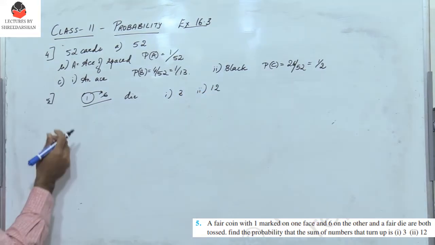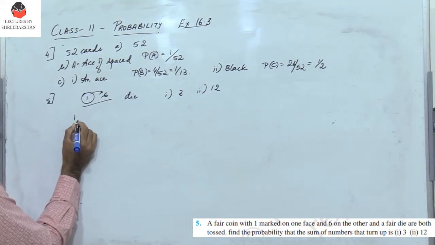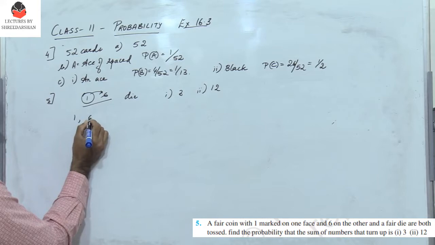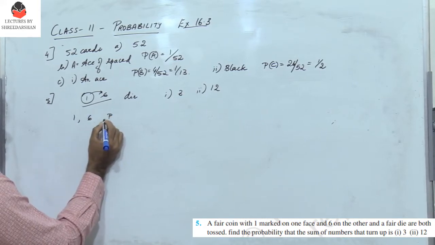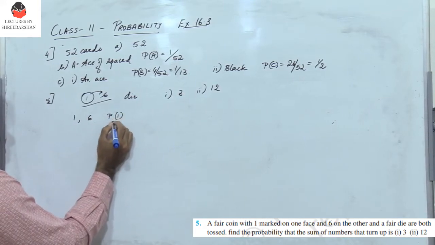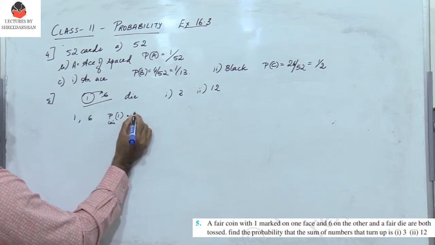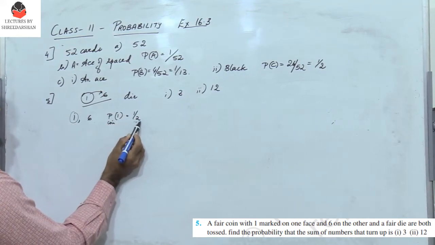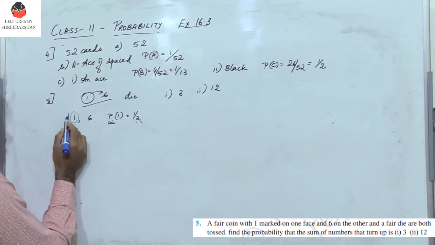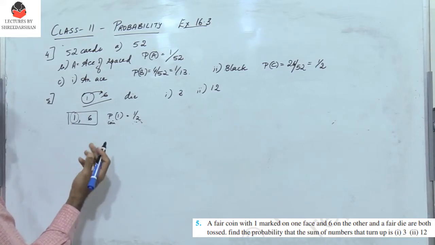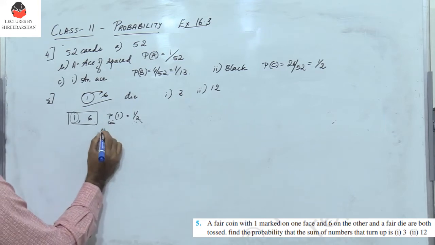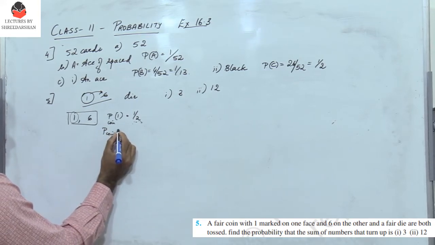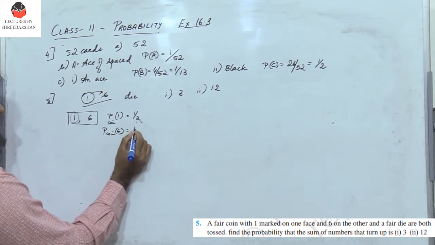When a coin is tossed, I can either get the number 1 or the number 6. So the probability of getting a 1 on the coin is 1 by 2: the number of favorable events divided by the total number of outcomes, which is 2. Either I get 1 or I get 6 when I toss the coin, right? The probability of getting a 6 on the coin is again 1 by 2.